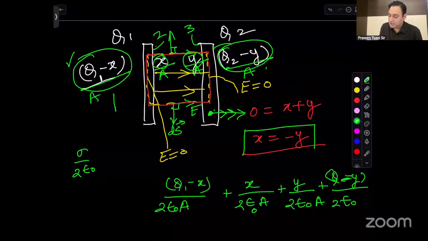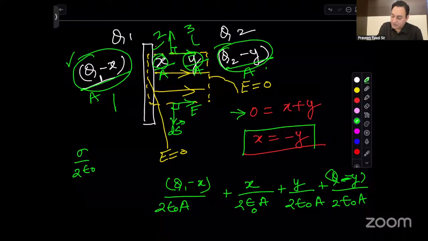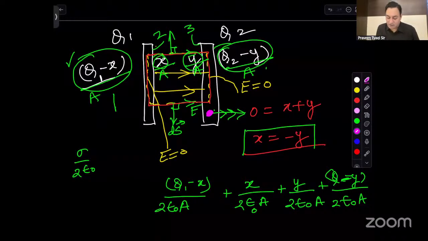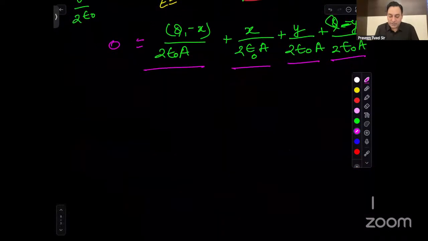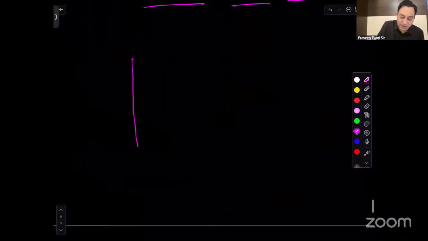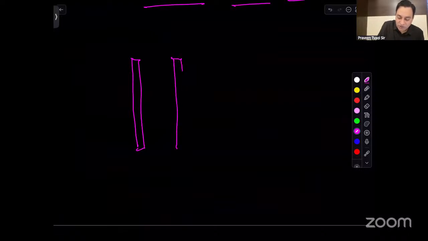All the four layers will produce a net electric field at a point inside the metal plate which will be zero. We found the net electric field due to all the four layers of charge and equated it to zero. What we are doing is, see this, if I have two plates, I can give you a shortcut also.